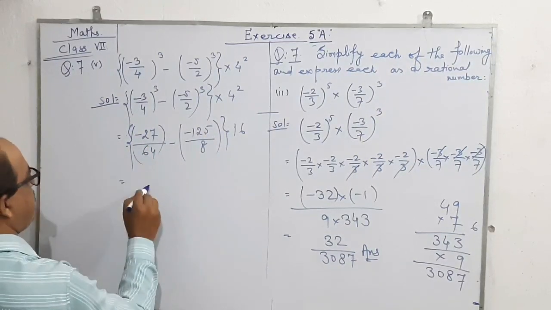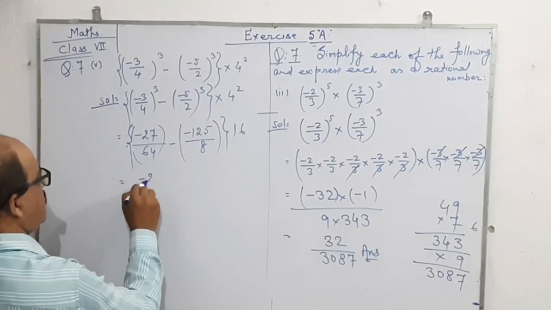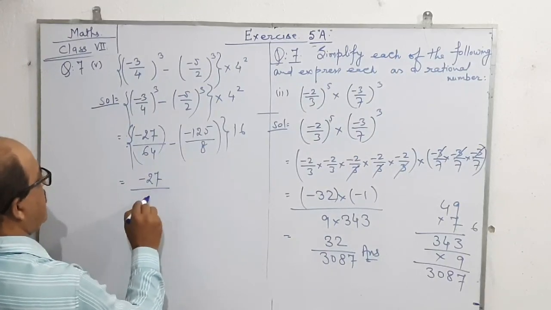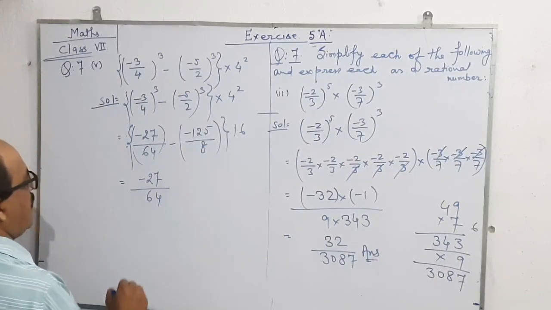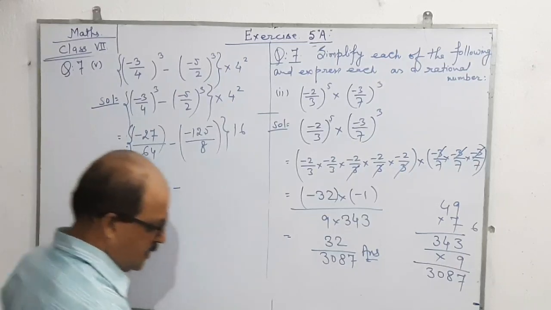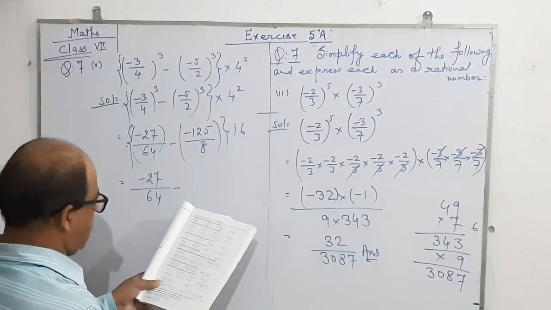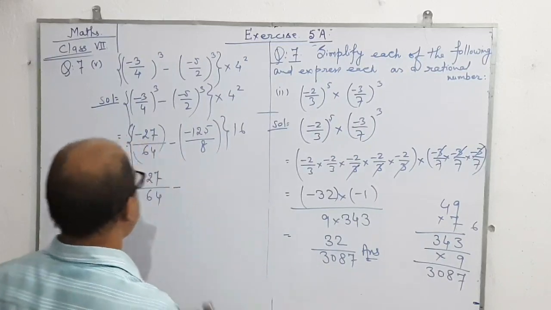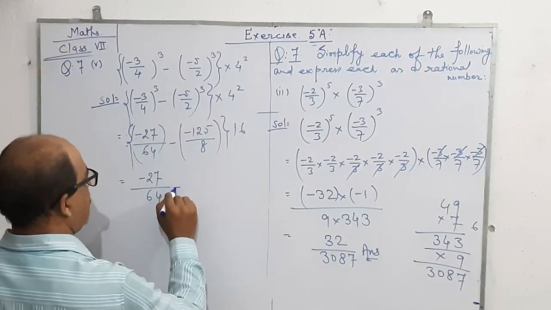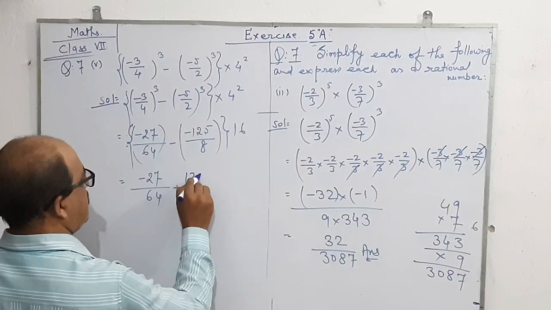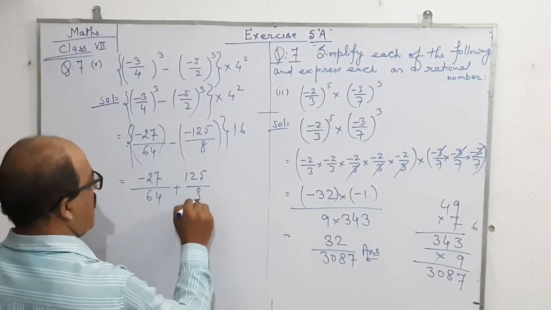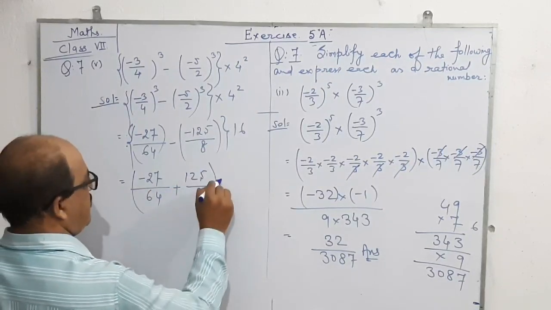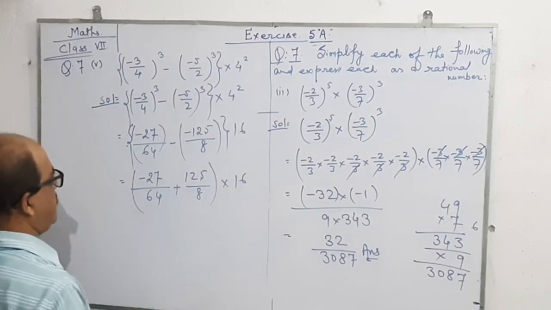Here when we simplify it, minus 27 by 64 minus, in your question is this minus or division? Yes, minus. Minus minus is plus, and here we write this under a bracket, then write down 16.